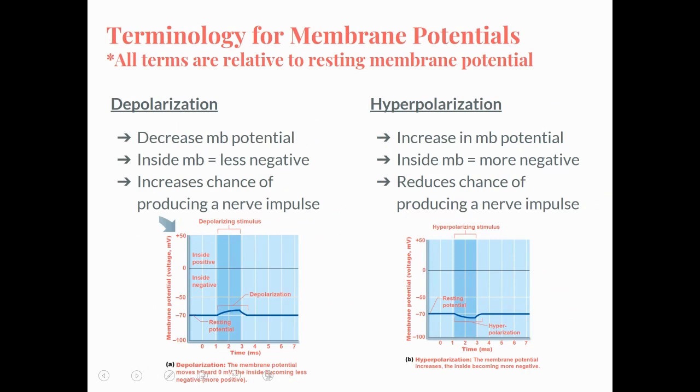Going over the terminology for membrane potentials, all of this is relative to the resting membrane potential. The words are depolarization and hyperpolarization. Depolarization decreases the membrane potential. Remember, the inside becomes less negative. Here's the resting potential at negative 70 millivolts.